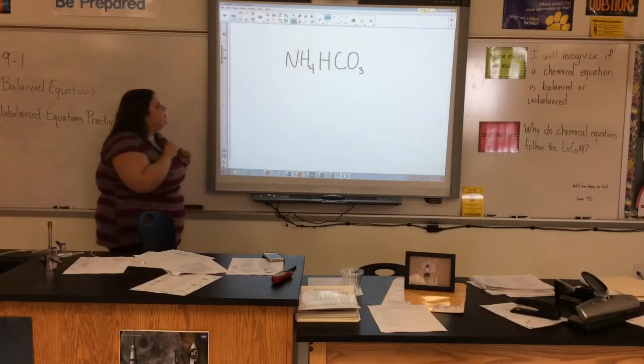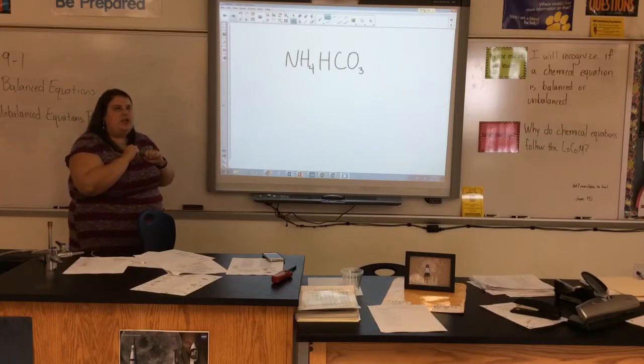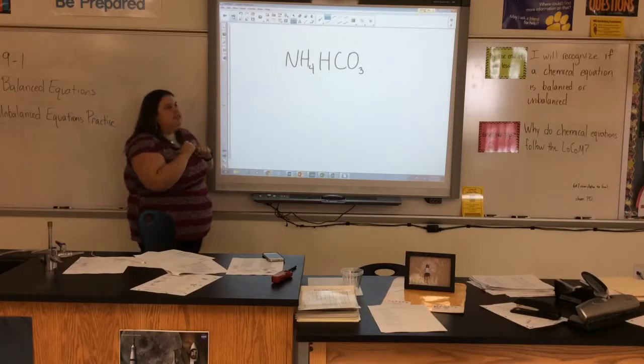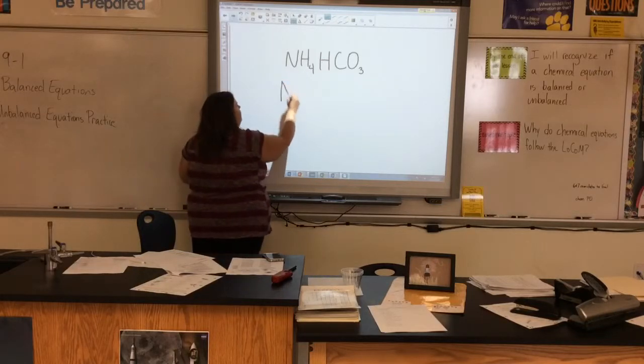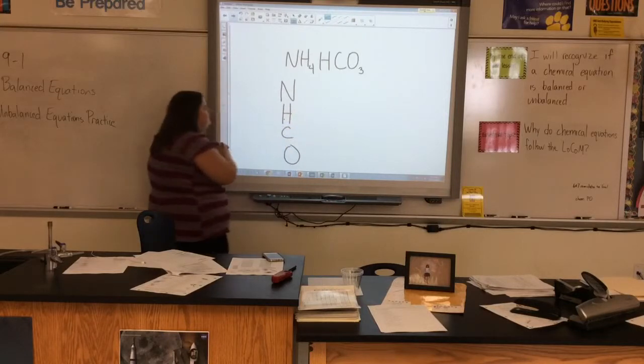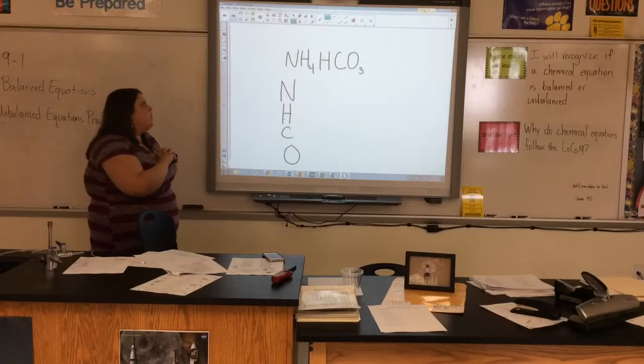All right, our next problem is NH4HCO3. This one's a little tricky because I see H twice in the problem, so I'm going to solve it just like I've solved every other one, and then I'm going to make sure I add all my H's together. So I have N, H, C, and O. I do not have a coefficient, so I'm going to be looking at just the subscripts.